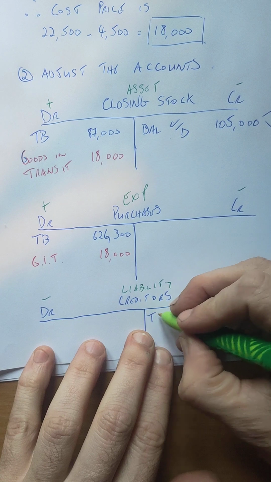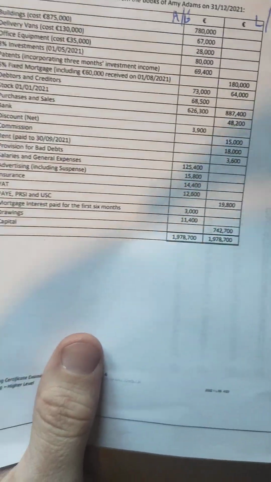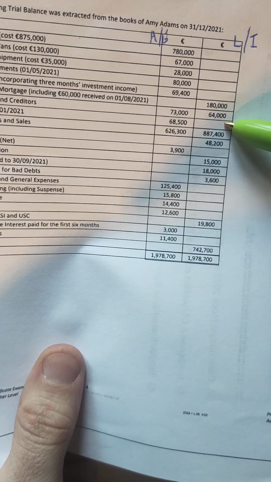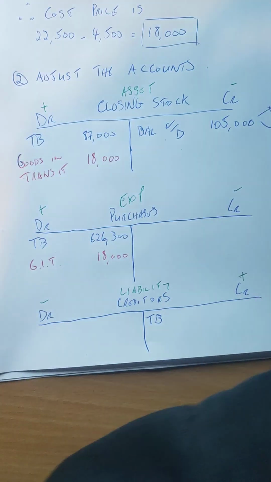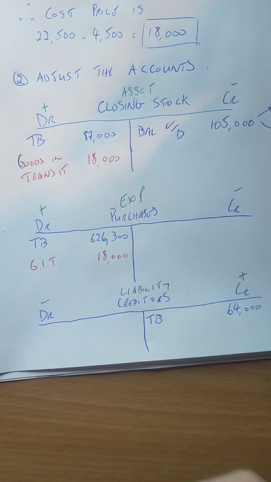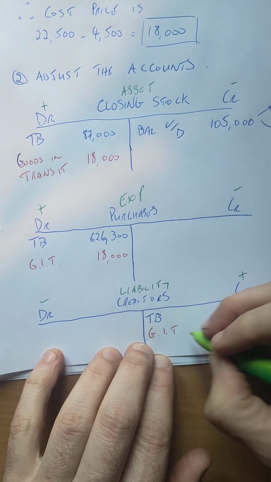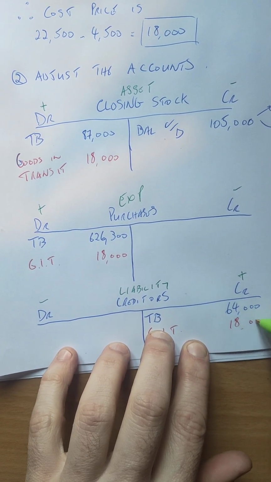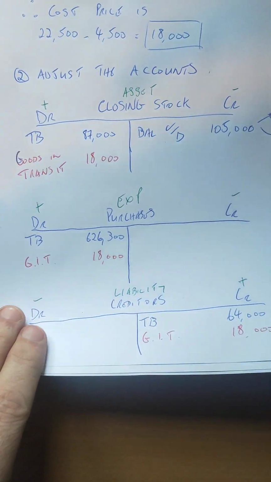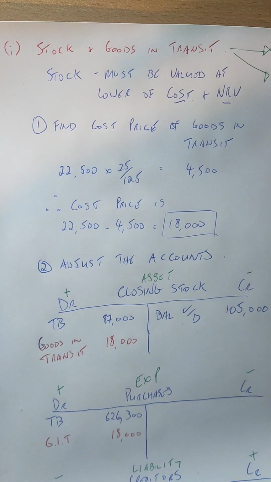Again, I go to the trial balance, and the trial balance figure for the creditors is 64,000. So I get my 64,000, and I do the same thing: goods in transit, 18,000. And that's it. There's your whole working for closing stock and goods in transit.